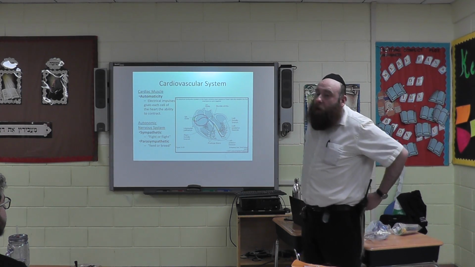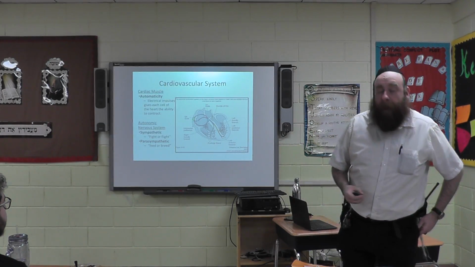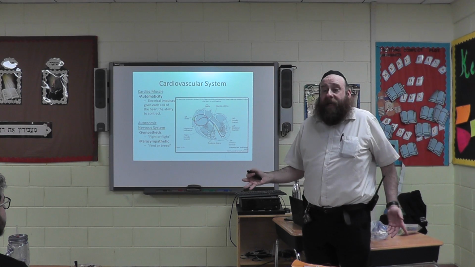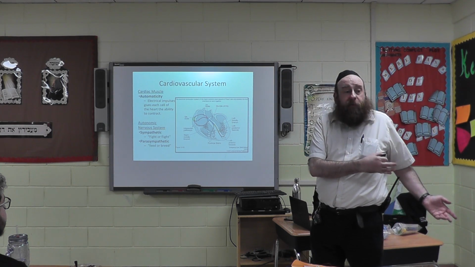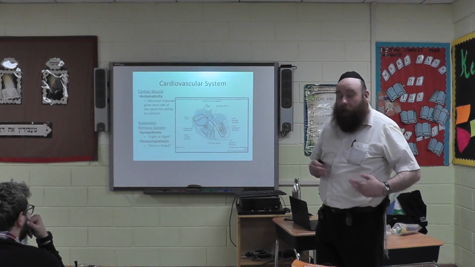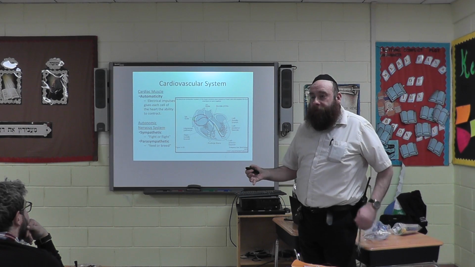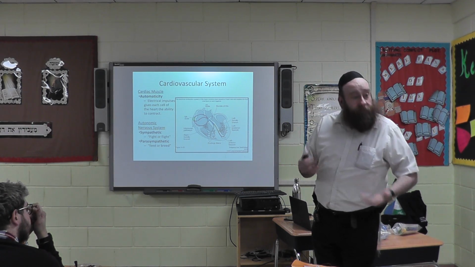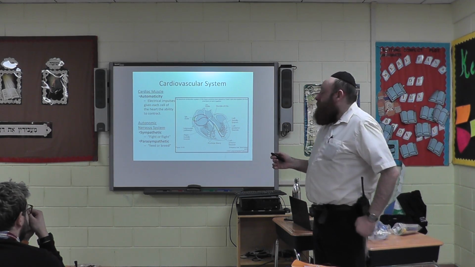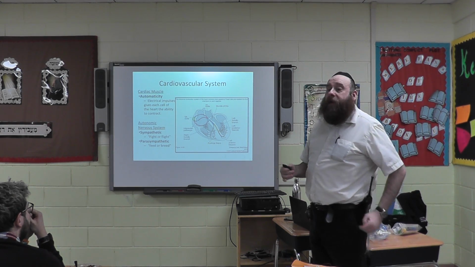One is the AV node. The AV node is a backup pitcher, like a relief pitcher. All right? And the AV node sees that, hey, no one's pitching. I'm not getting any impulse from the SA node, and it wakes up. And it starts sending its own electrical impulses, okay? As soon as the SA node gives up, it'll start usually going to the AV node.